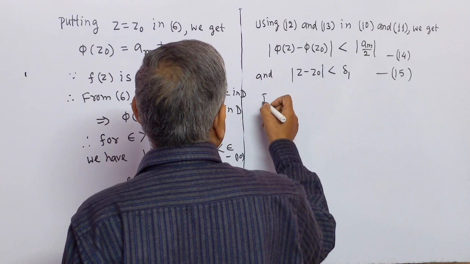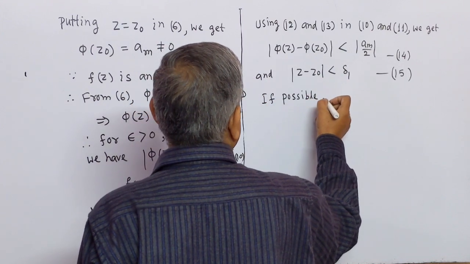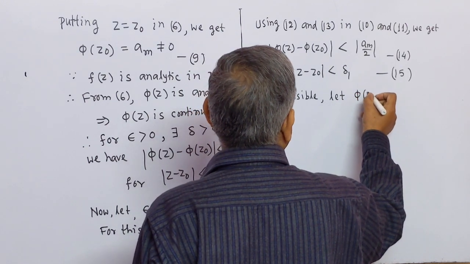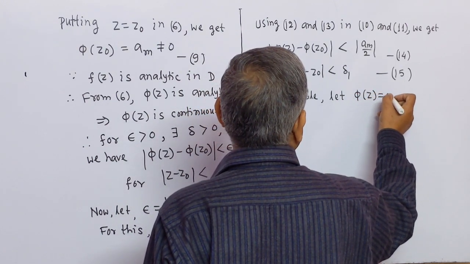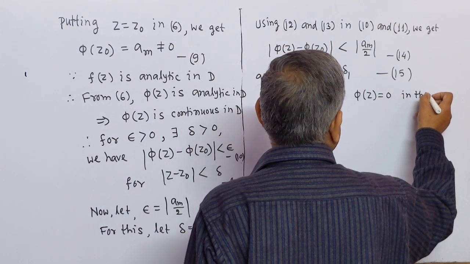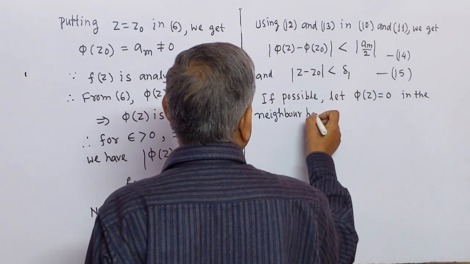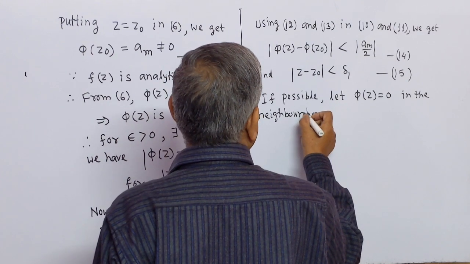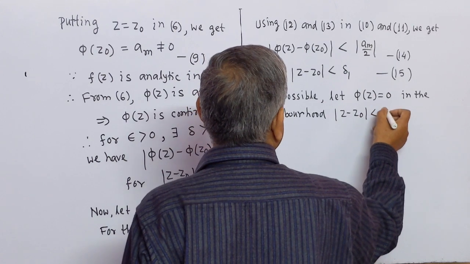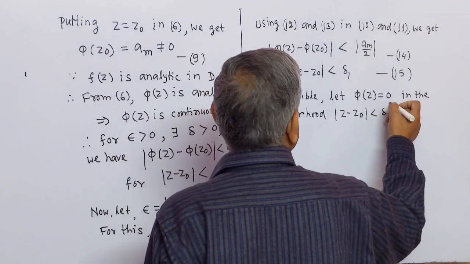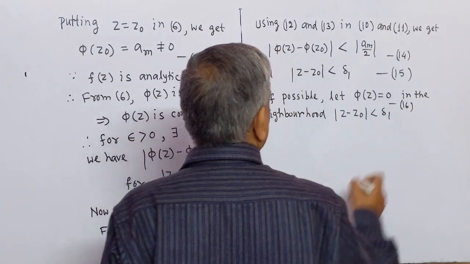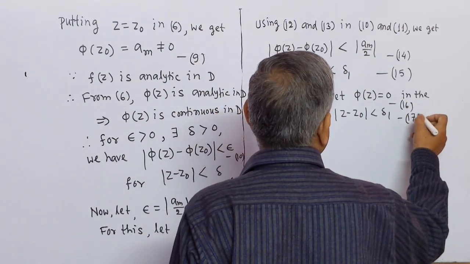If possible, let f(z) equal to 0 in the neighborhood modulus of z minus z0 less than delta 1. Let this is number 16. This is number 17.